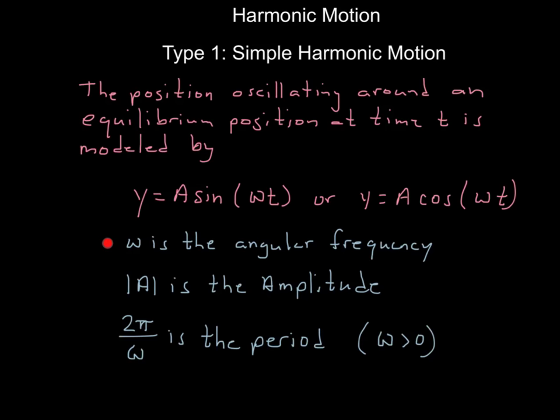Remember that omega in this case is the angular frequency, the absolute value of a is the amplitude, and the period is going to be 2 pi over omega, and omega must be a positive number. Now when we talk about the equilibrium position, what that means is that the energy being supplied is exactly equal to any resistive forces that are out there. So that's what's happening when we have that equilibrium position.